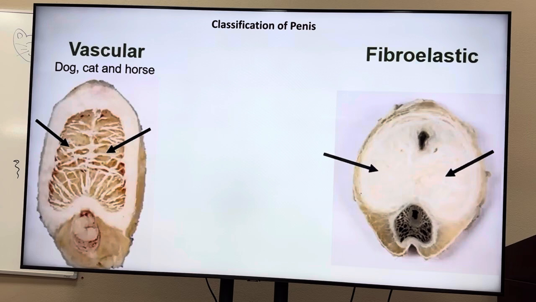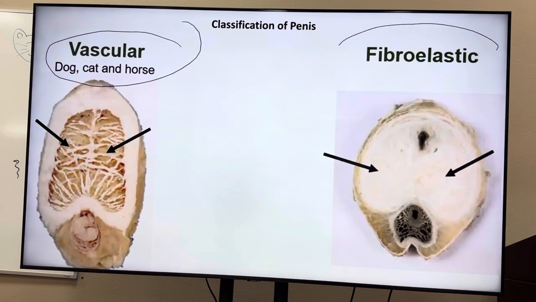The penis, the male copulatory organ, is classified into two. So we have the vascular and we have the fibroelastic type. So the vascular type here, what we have here is erectile tissues.